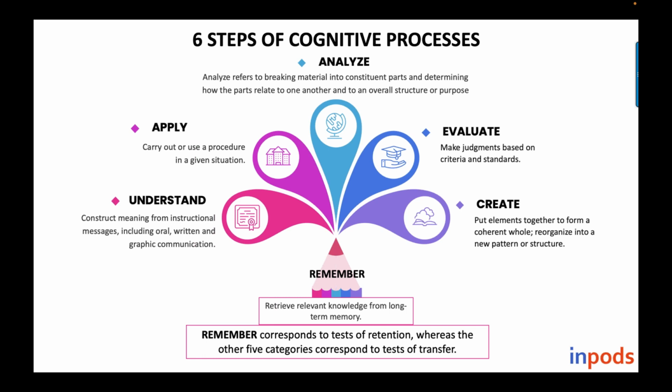It doesn't mean it's a derogatory, lower level of cognition. It is just to classify that this is the lower level, and on the other side, analyze, evaluate, and create are the higher order thinking skills. But those will not be achieved by the students if the remember foundation itself is weak, right?